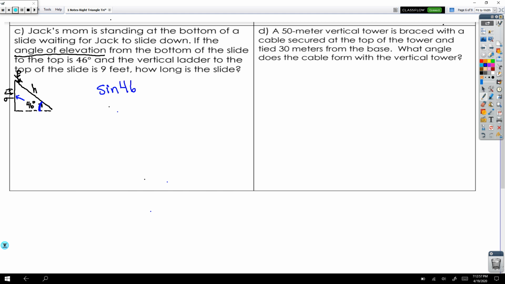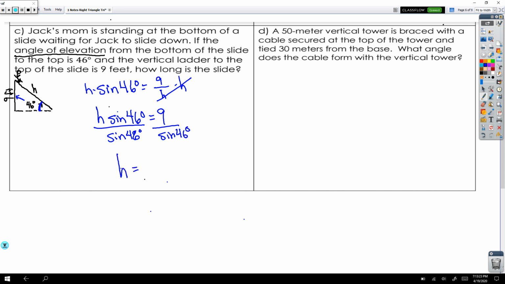So the sine of 46 degrees equals opposite over hypotenuse. Multiply the h over, cancels. So h sine of 46 degrees equals 9. Divide the sine over. So h would equal, plugging all that in, we get 12.5 feet.